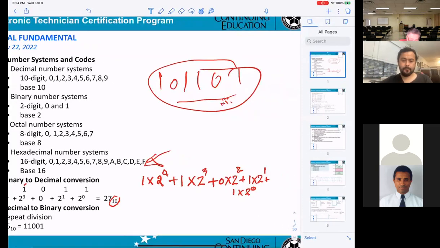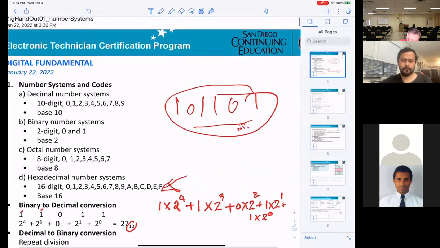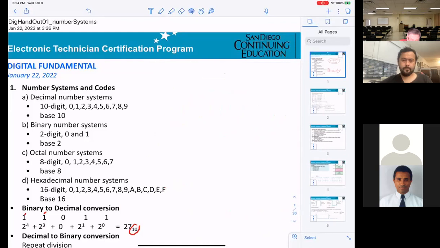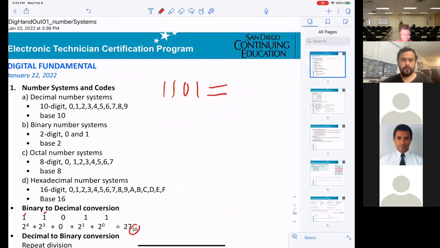Now I give you this example here. 1, 1, 0, 1. What is the decimal equivalent? You mind if I take a guess?